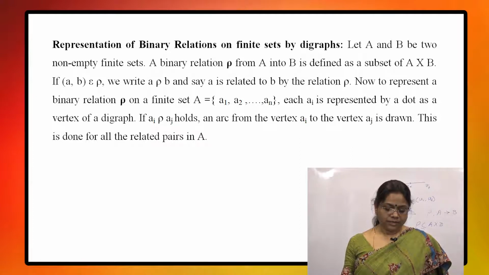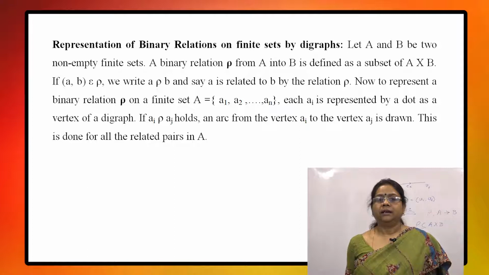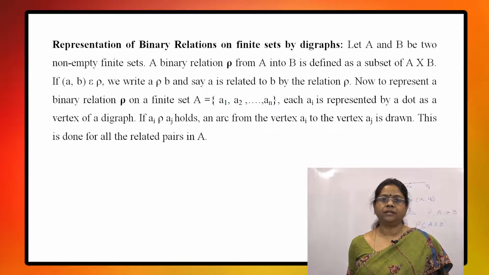So now to represent a binary relation rho on a finite set A, say A1, A2 to AN, by a graph, each AI is represented by a dot as a vertex of a digraph.